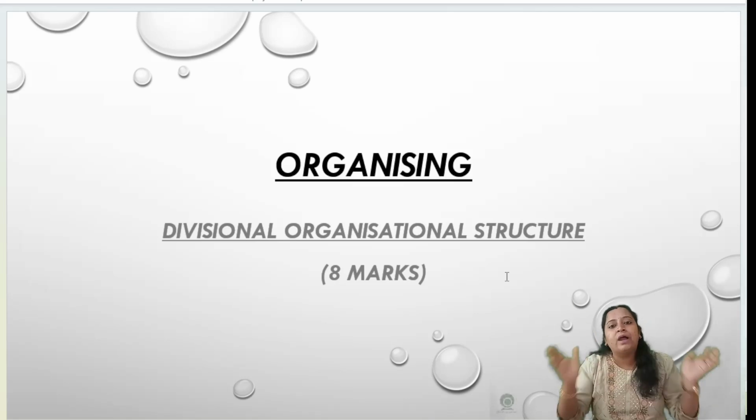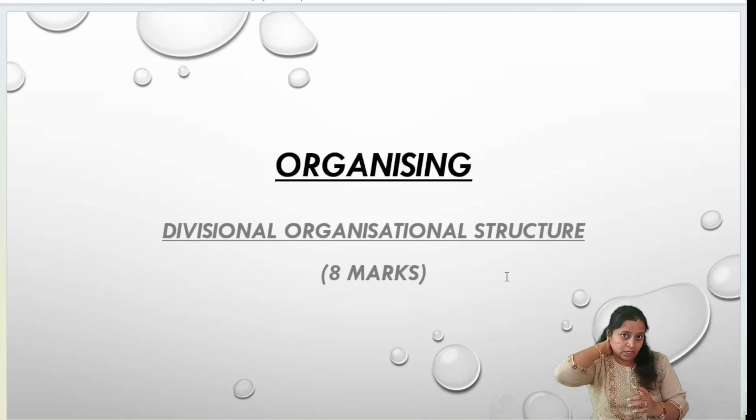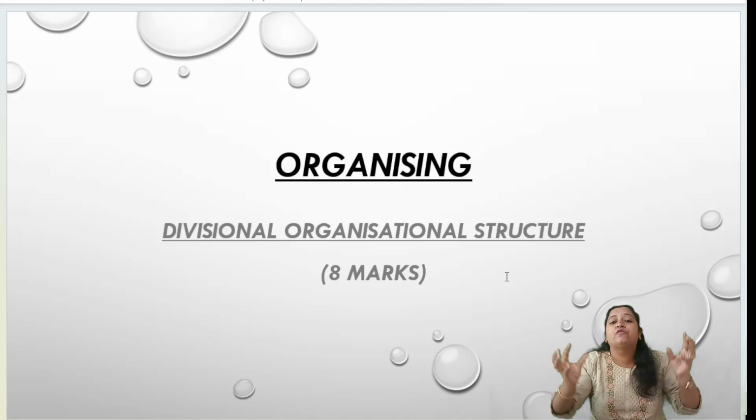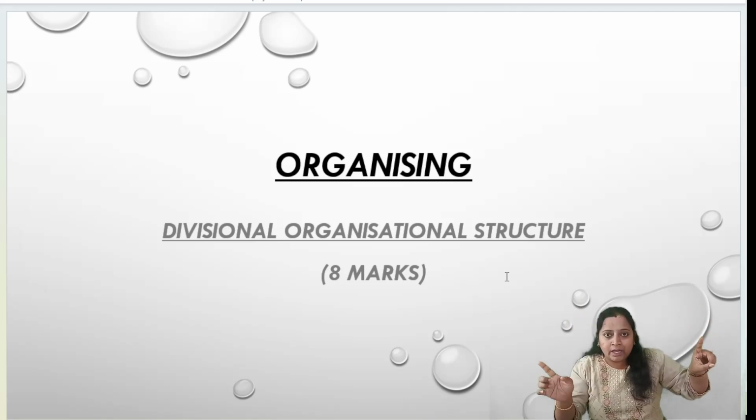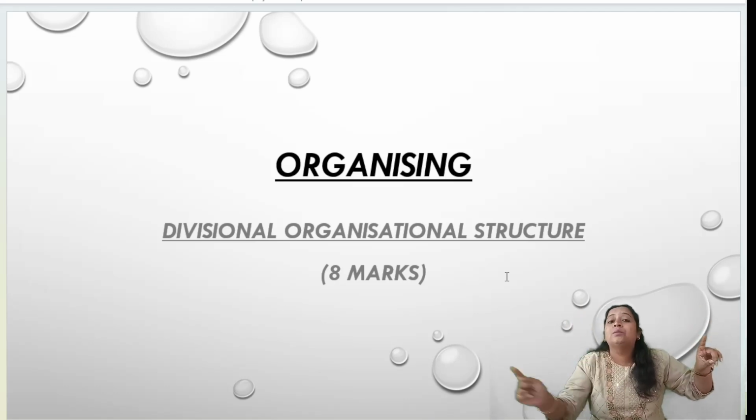How are you going to divide the activities under your divisional structure? Under the divisional structure, the activities are grouped or divided on the basis of the products you are producing. The functional structure is on the basis of the functions you are performing; the divisional structure is on the basis of the product you are producing.